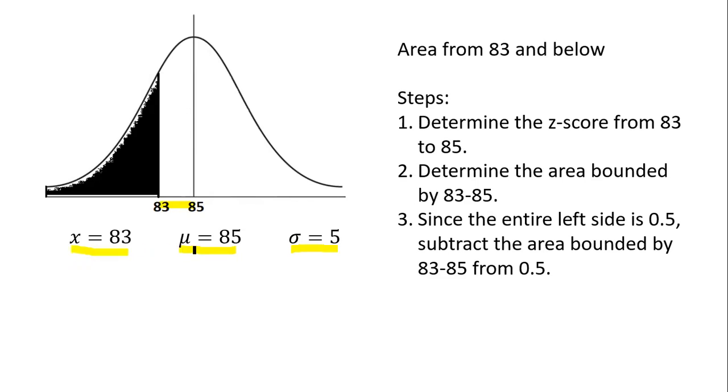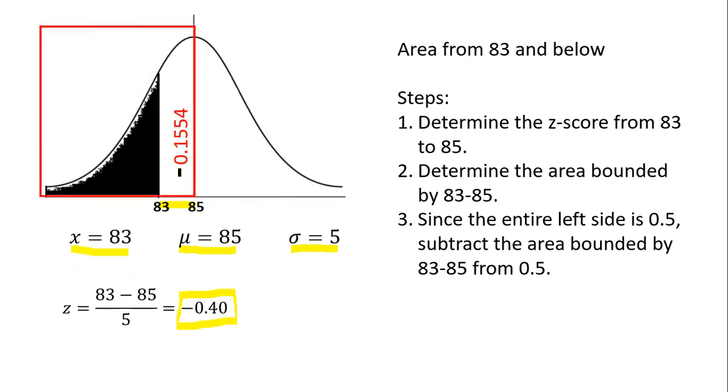So using these three steps, we do step 1. So the z-score is negative 0.40, the z-score from 83 to 85. And negative kasi nasa left side yung area from 83 to 85. And the value of this area by looking at the table corresponding to 0.40 is 0.1554.